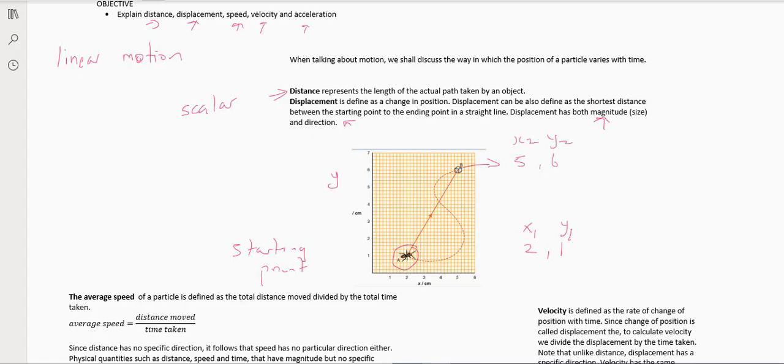Now, seeing that displacement is change in position, because we refer to displacement as change in position, what it really means is that the initial position must be taken away from the final position.